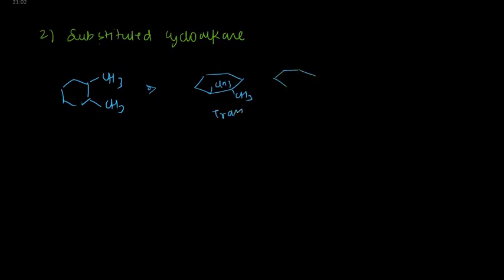And one CH3 could be above the plane, and the other could also be above the plane. This is the situation of cis. So it could have both possibilities. One is cis and another is trans, right? So whenever a cycloalkane is substituted, it may show the geometrical isomer. It may show, right? So we're gonna look at some compounds to see whether they show geometrical isomer or not.